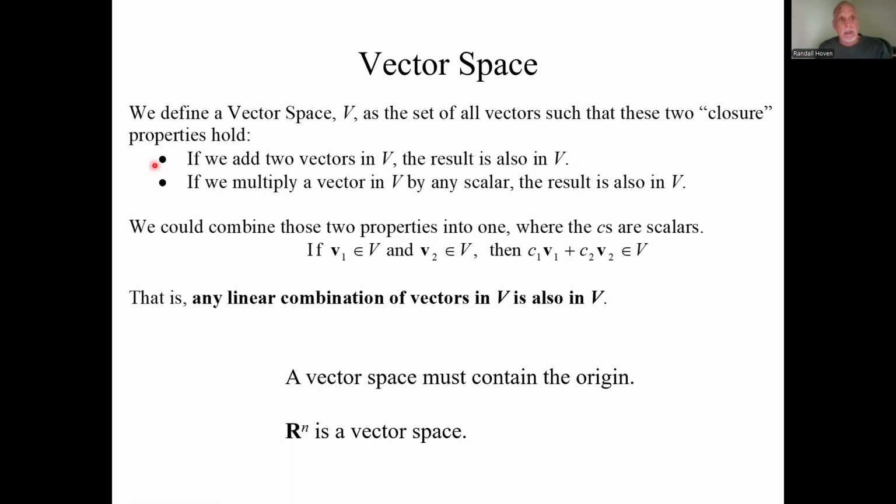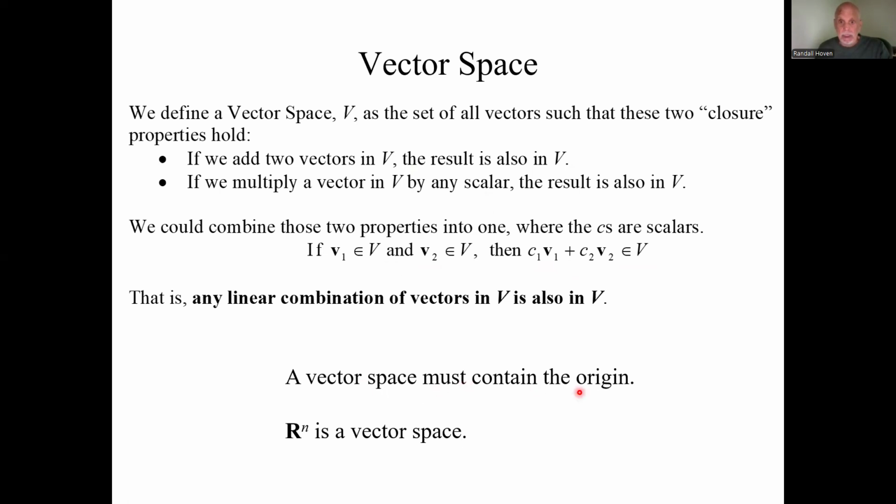Anyway, put these two together, it means if I take any two vectors in my set, then any linear combination of them will also be in that vector space. And if you think about this second test, multiplying by a scalar, that scalar could be zero, right?